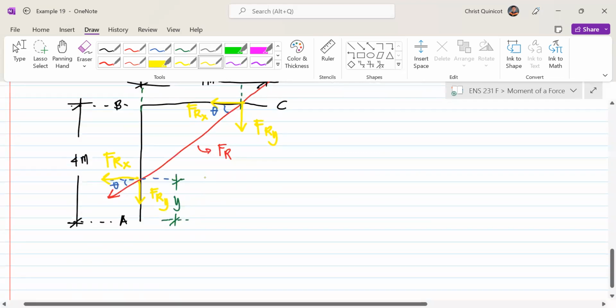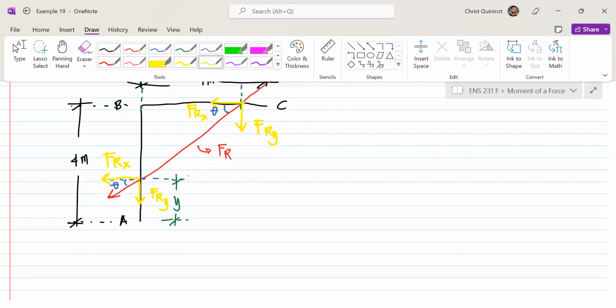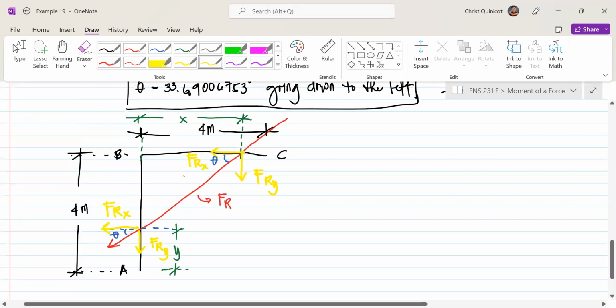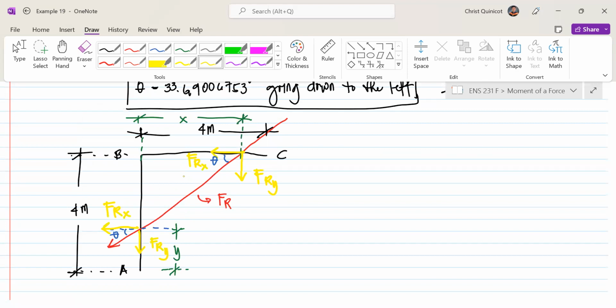We can measure our moment either at A or at B. Let us say we have a moment at point A, because our y is measured from A and our x is measured from A or from B. Nevertheless, we can now calculate our unknowns, y and x, which are the distances where our line of action intersects column AB and boom BC.